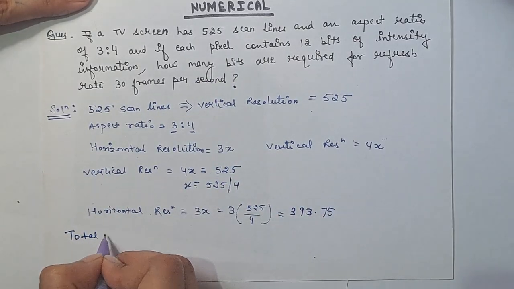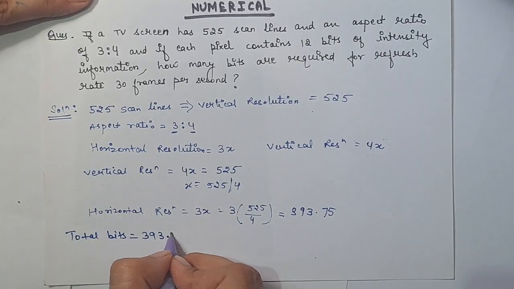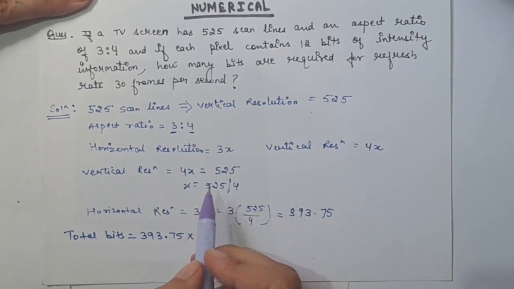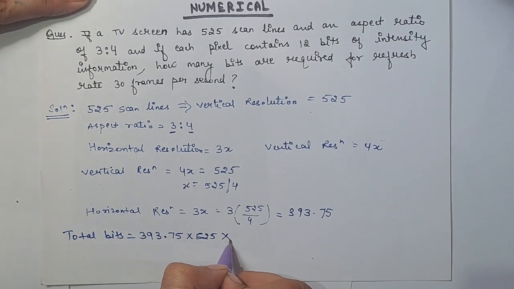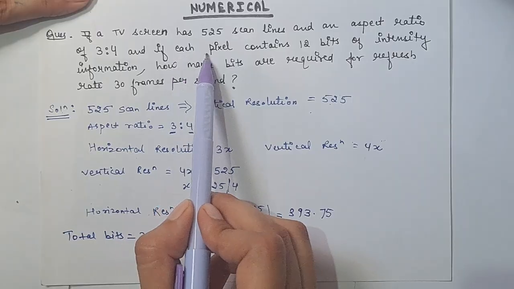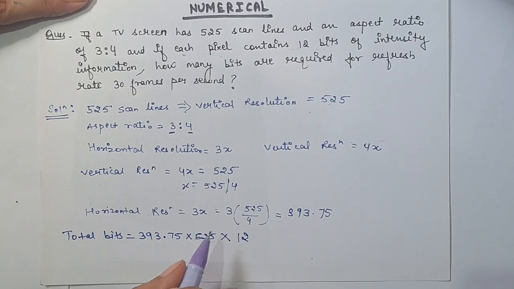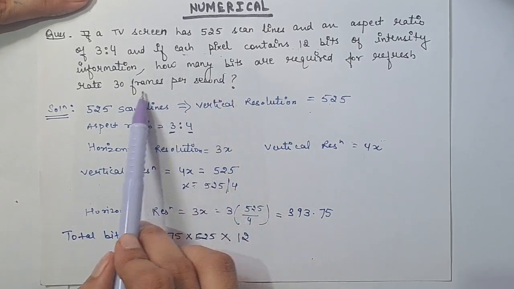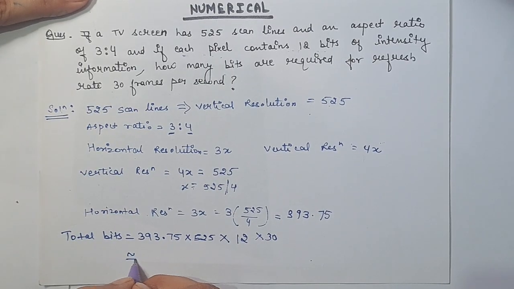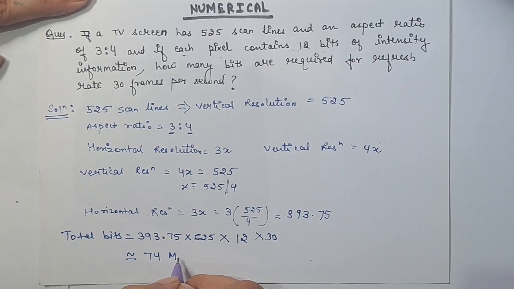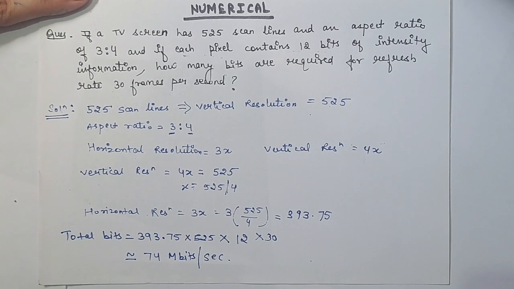The total bits would be the horizontal resolution, 393.75, multiplied by the vertical resolution, which is 525, multiplied by 12 bits, since each pixel contains 12 bits. And we have to find the bits for 30 frames per second, so multiplied by 30, which would approximately give us 74 megabits per second. So this is the solution of this numerical.